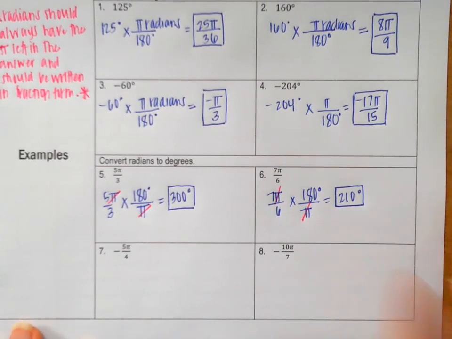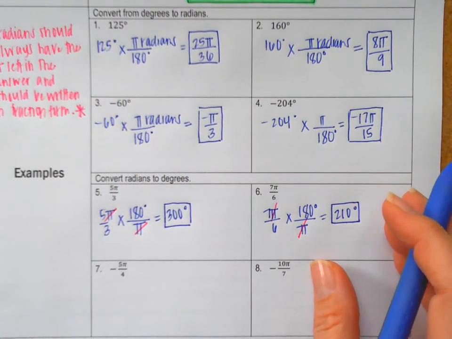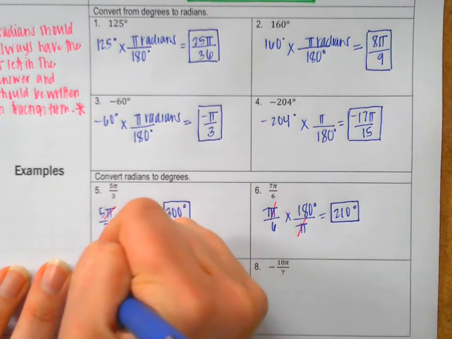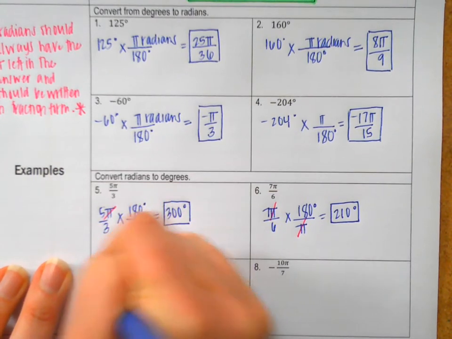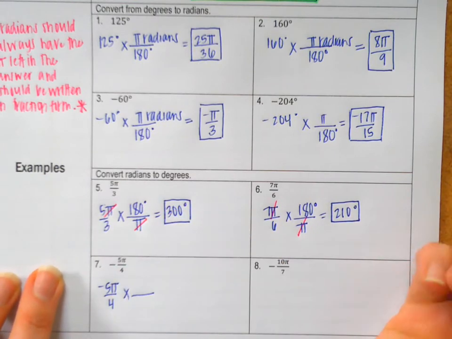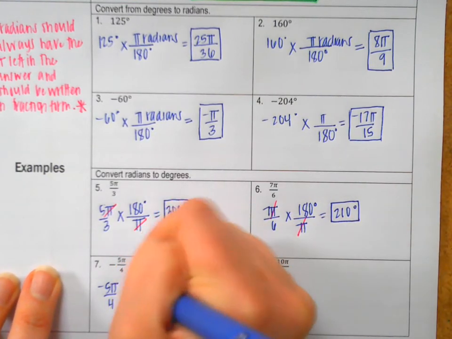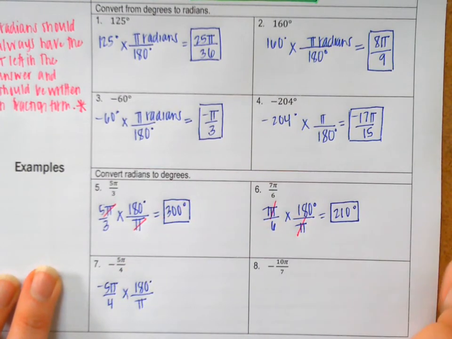Okay, so then we're on to 7. Just like up above with 3 and 4, the negative didn't change anything. We're going to convert what we have, which is in radians, to degrees. So radians goes in the denominator, and degrees goes on top.